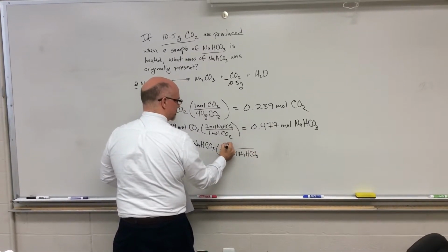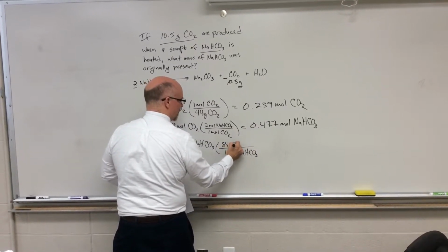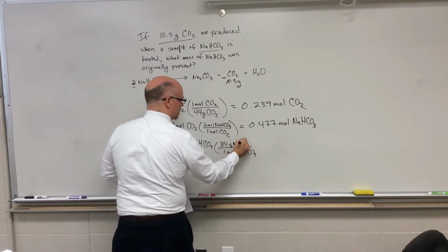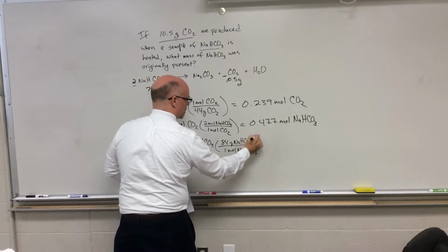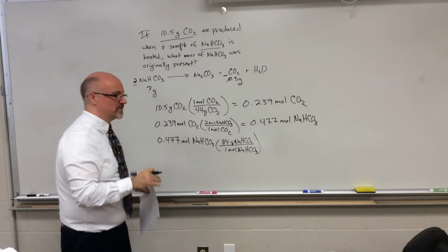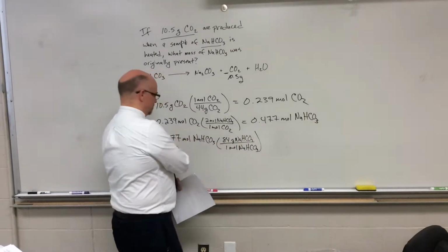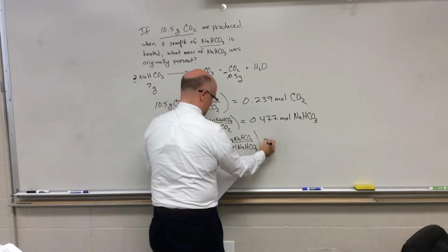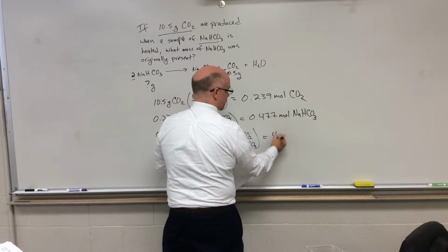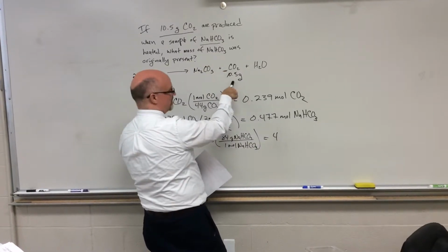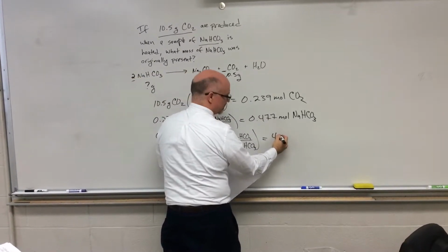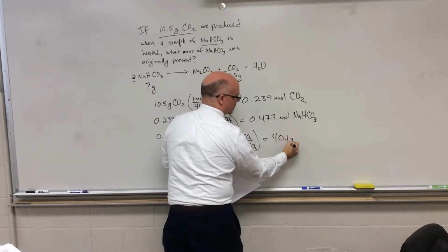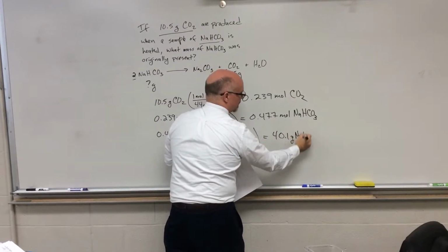And the molar mass of this is 84 grams. And again, add them all up from the periodic chart, multiply, and it turns out that in order to make 10.5 grams of carbon dioxide from this reaction, I had to start with 40.1 grams of NaHCO3.